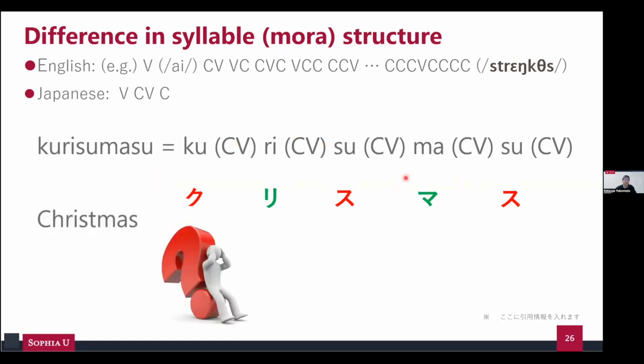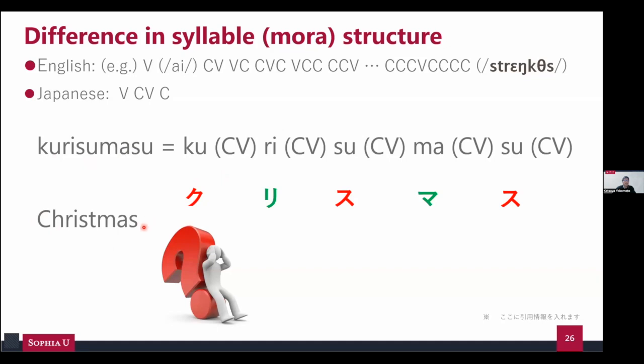So suddenly when they have Christmas, oh no, there is no CV sequence. When you look at the spelling, it doesn't have enough vowels. So they rely on spelling. They know that when they say Christmas in Japanese, they can automatically transfer it into Roman letters in this way, kurisumasu. So they know U is here, I is here, U is here, A is here, and U is here. So they can automatically add those vowels. But when you see their English spelling, there are not enough vowels to put in.